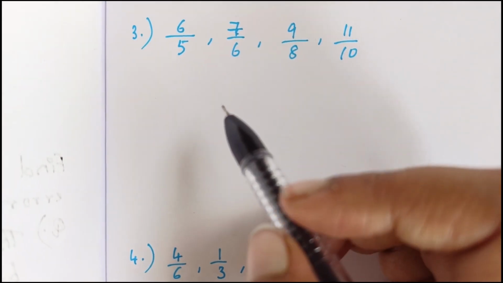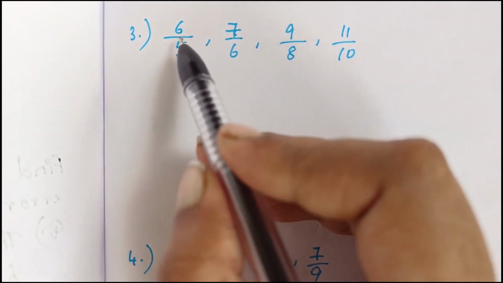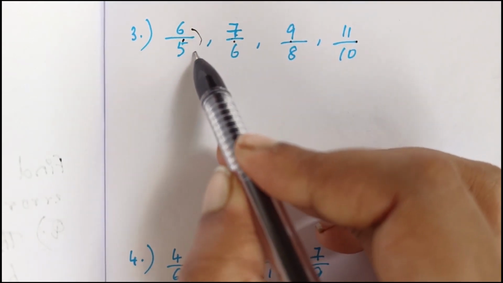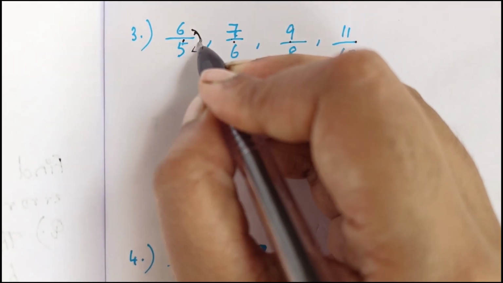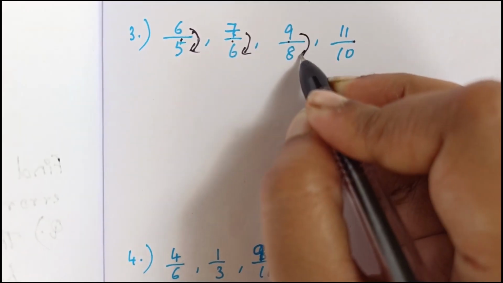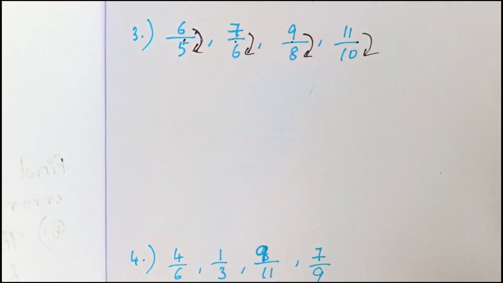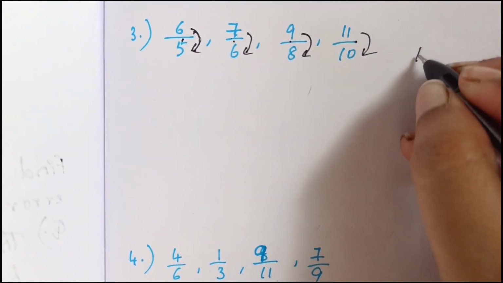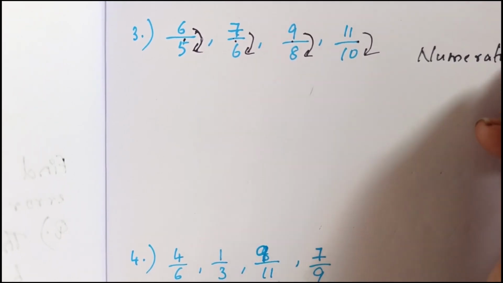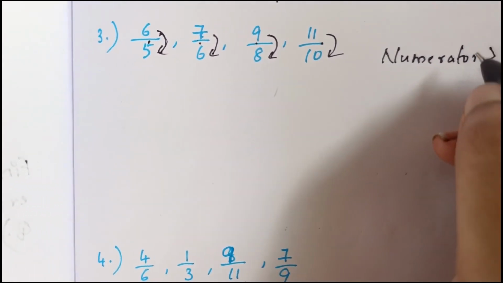But we can notice here that all the numerators are greater than their denominators. Here 6 is greater than 5, 7 is greater than 6, 9 is greater than 8, 11 is greater than 10.